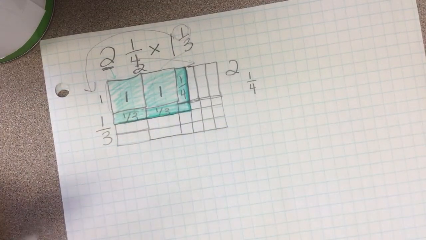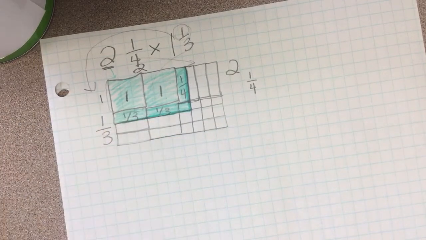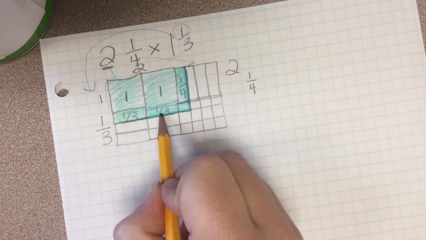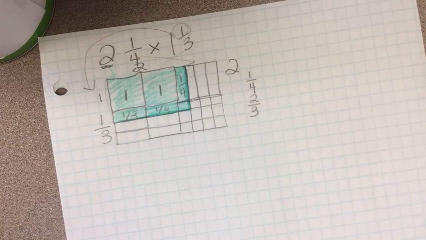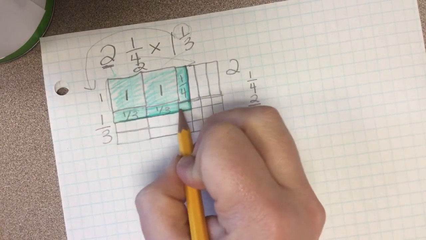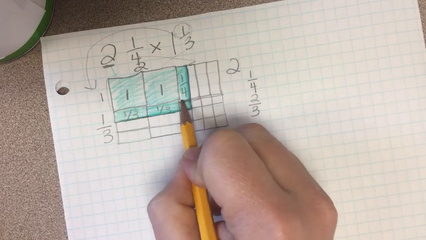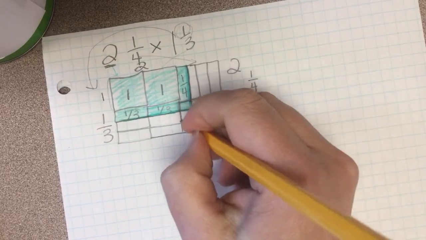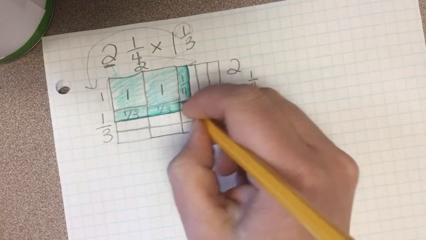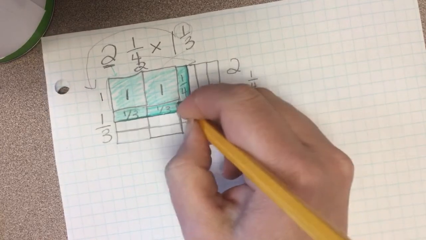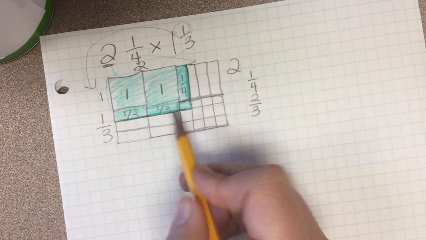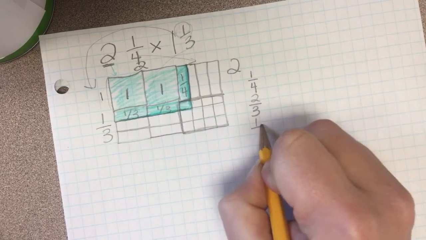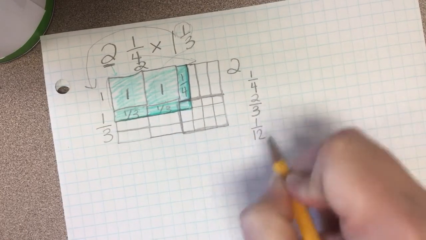Do you see how I'm labeling every single piece that I have? So 1/3 plus 1/3 is 2/3. Now down here, what are these? Well, I have 4 boxes by 3 boxes. So inside of this rectangle right here, I've cut these into smaller pieces, fourths times thirds, which turns into 12ths.